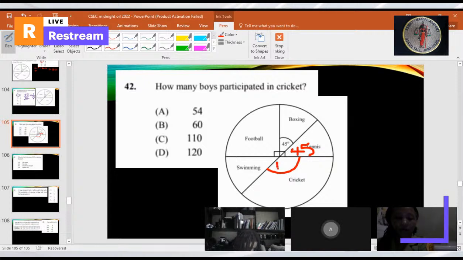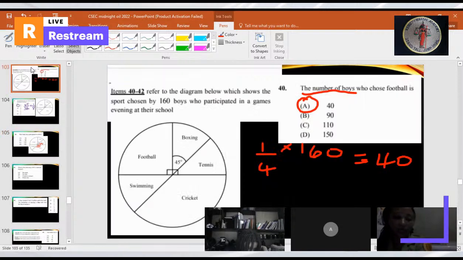135. All right. So knowing that now, how would you work out the number of boys who did cricket? The total number was what again? 160. All right.